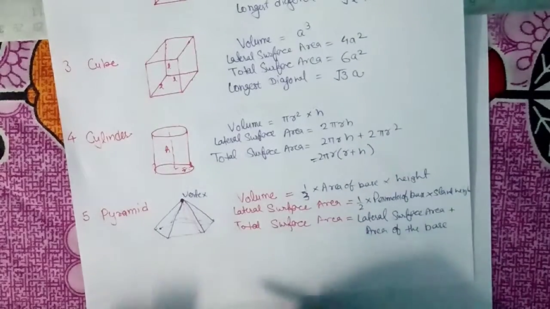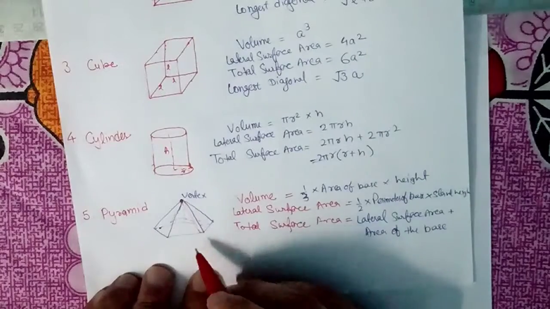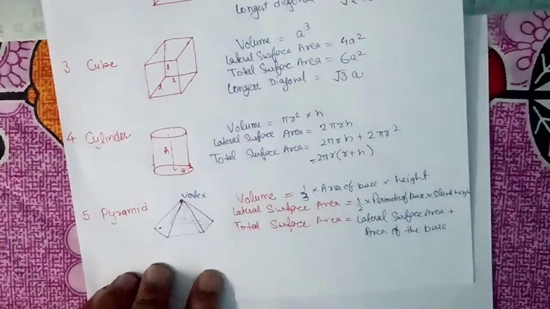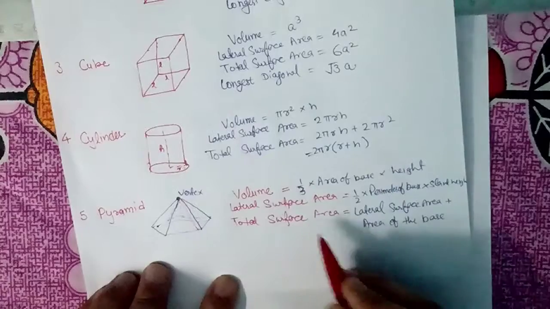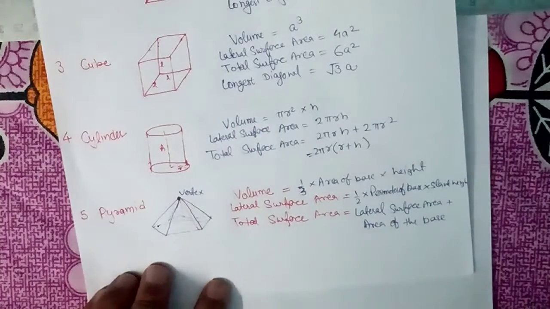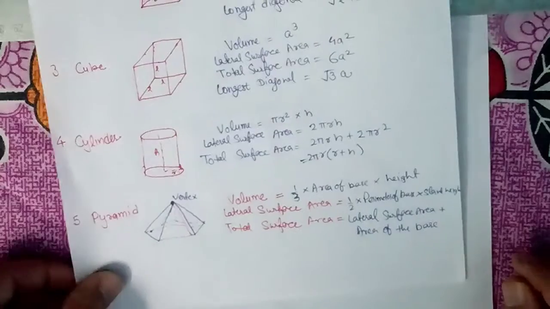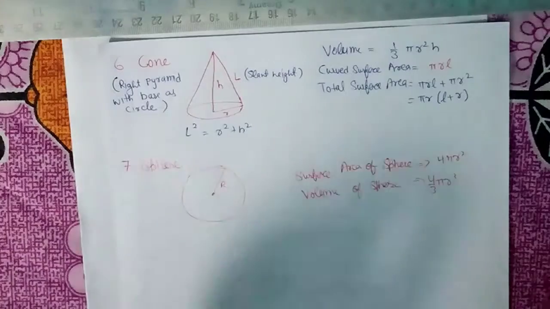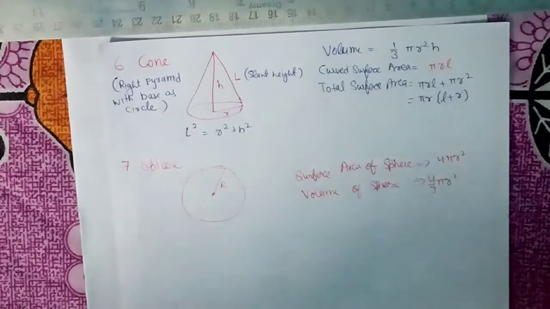You can have any type of pyramid, a triangular pyramid, a hexagonal pyramid, or a different type of pyramid. Total surface area is equal to the lateral surface area plus the area of the base, as we have discussed earlier.